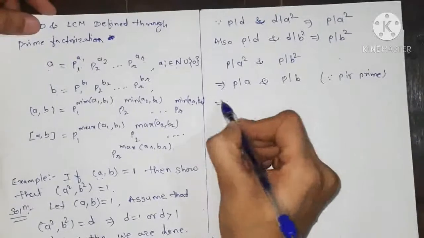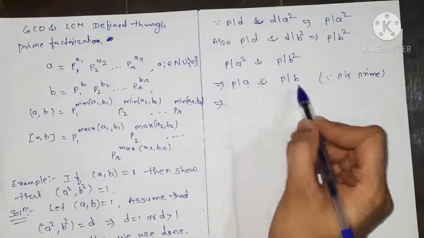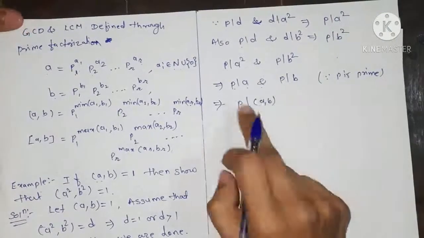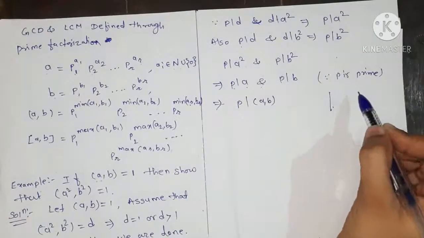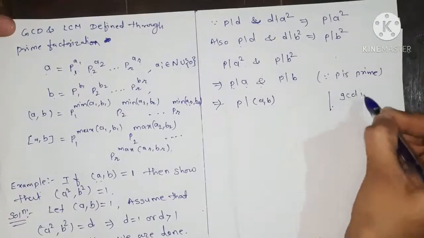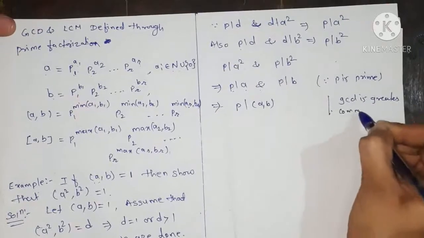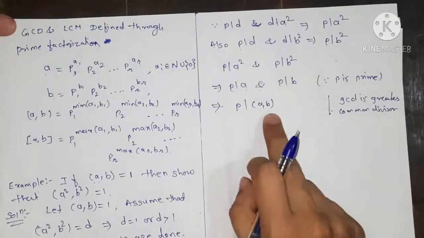Now this implies P divides A and P divides B, then P divides the GCD of A comma B, because we know that GCD is the greatest common divisor which divides A and B both.